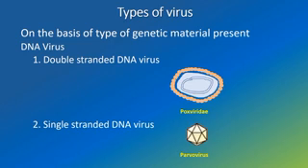The DNA virus is again subdivided into two: single stranded and double stranded. If double stranded DNA is present in the virus, it is called a double stranded DNA virus. If DNA is present in a single strand form, it is called a single stranded DNA virus.